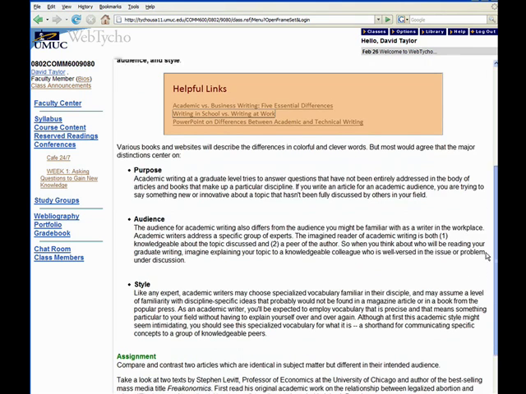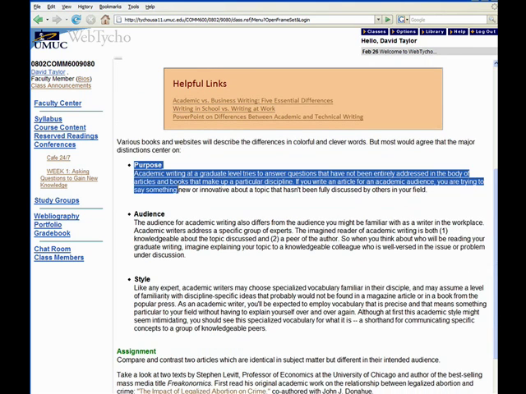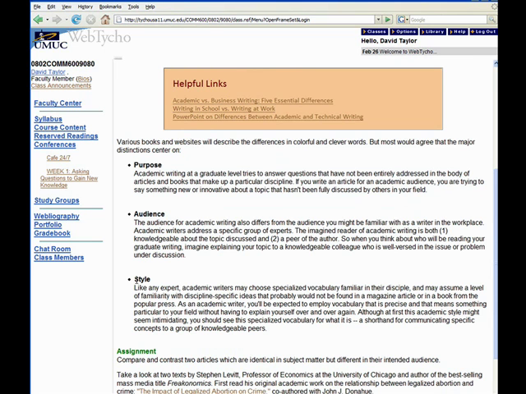I've also provided you some summary comments about academic writing in relation to purpose, audience, and style. That elusive aspect of writing comes from a combination of your voice, your attitude, your stance, as well as your word choice.